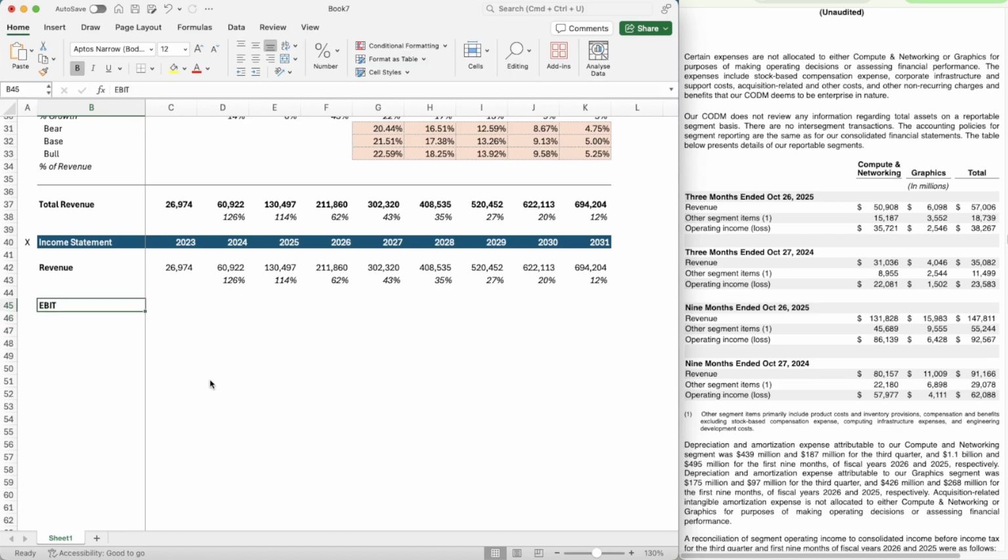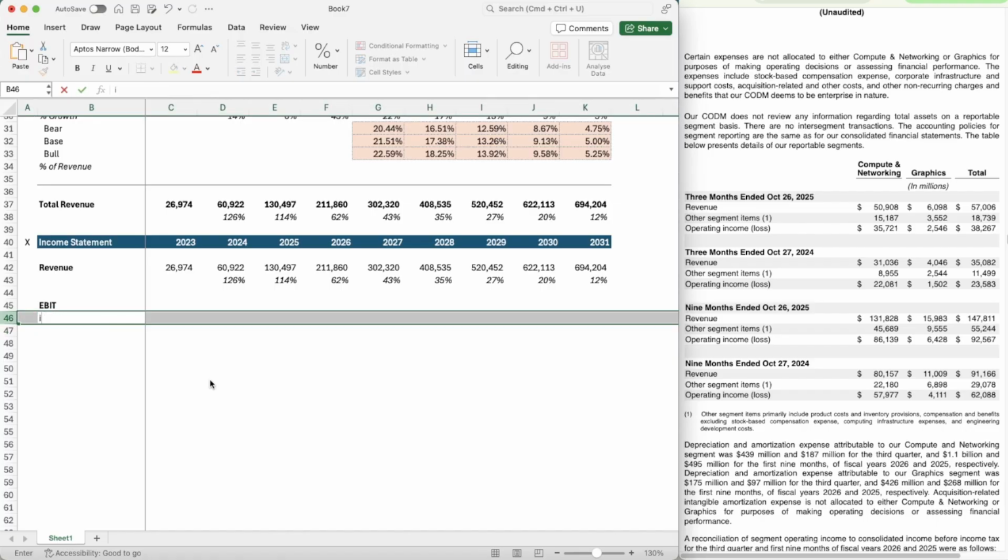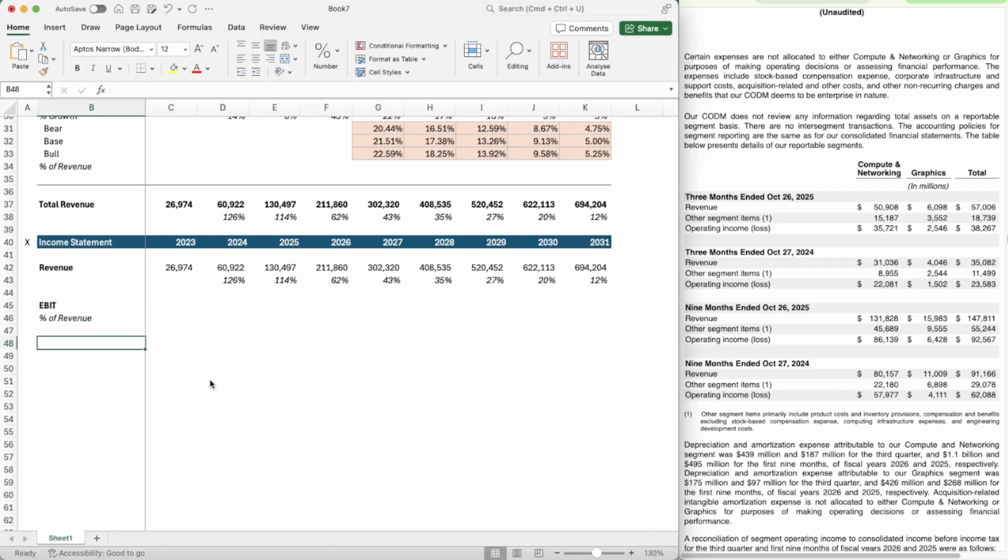The next one is EBIT, and EBIT is your operating income. After that, taxes. Your percentage of EBIT is basically your tax rate.